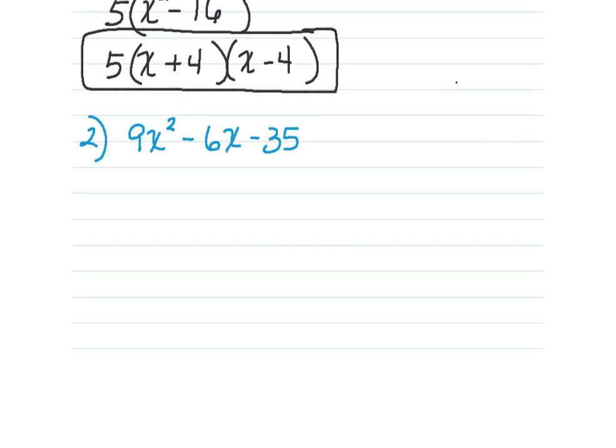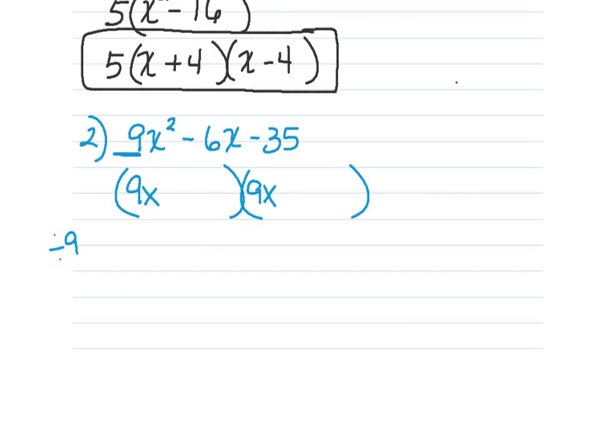Okay, because my leading coefficient is not a 1, it's a 9, I have to use the make a mistake method. So let's do that. 9x, 9x, I know that's wrong. I have an extra 9 as a factor, but I will take care of that later on. I will divide by 9 later to fix that.